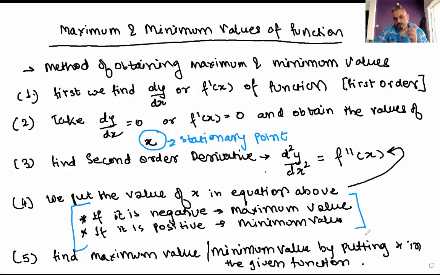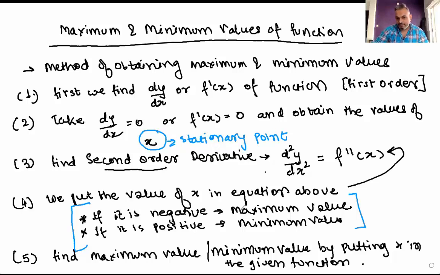Now how do we know that this function is for the maximum value or for the minimum value, or at what point? Okay, you will get, at what value of x you will get the maximum value, or at what value of x you will get the minimum value. So what we do is we take the derivative of the function as 0. Okay, we find the derivative, we take it as 0, we find the value of x, then we find second order derivative, and then we put that value of x in the equation.